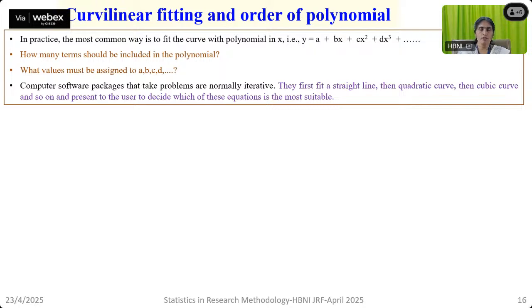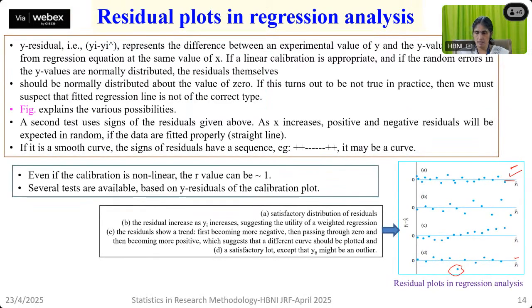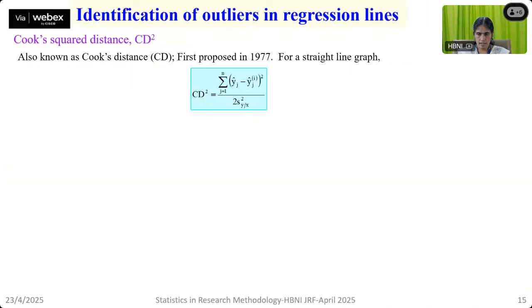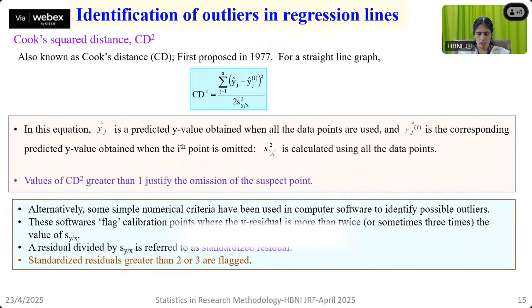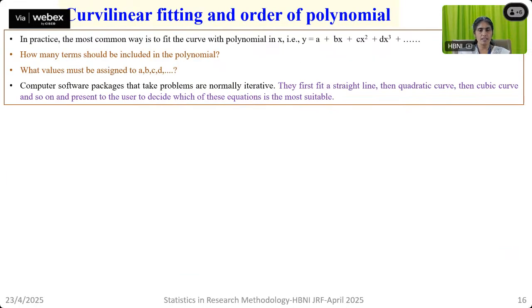As I told you, in the third case, figure C in the previous slide, we have seen that when the horizontal axis input parameters are increasing, you see a larger and larger deviation from the fitted curve. So that indicates that you may have to propose an alternate model to fit the calibration points.